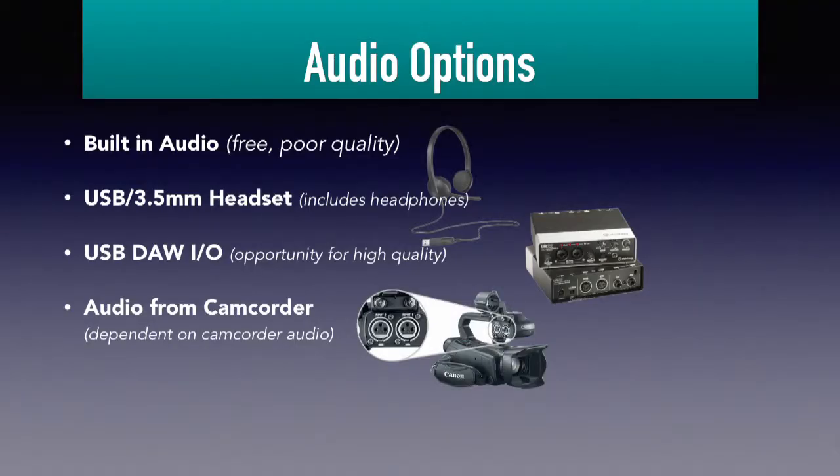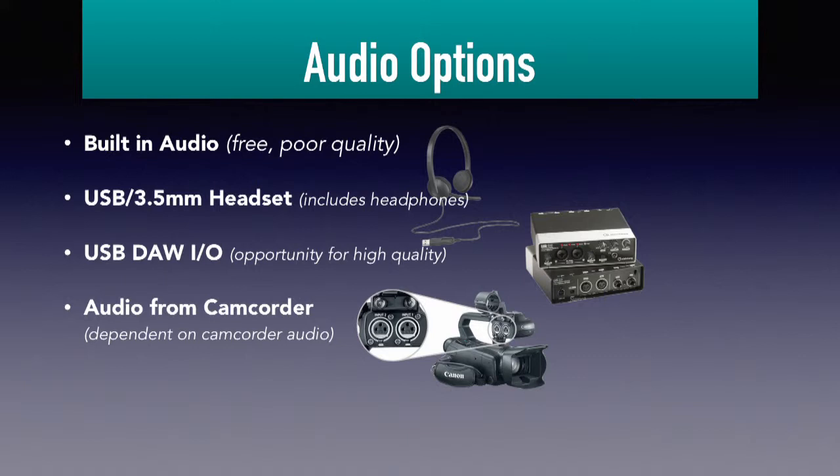And then another audio option is if you're talking about taking the feed from a camcorder, either through the FireWire or through an HDMI or SDI input device, both of those options include embedded audio.